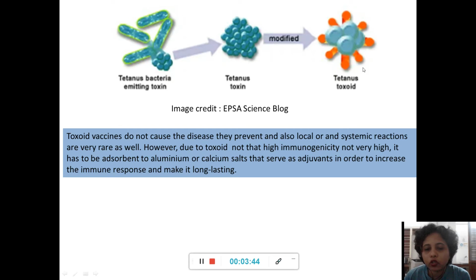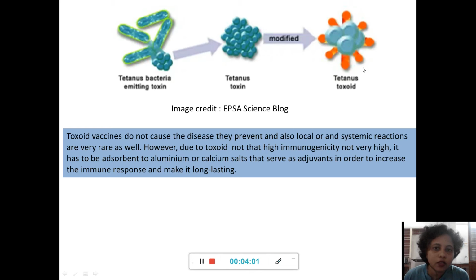Now, however, the toxoid does not have high immunogenicity, so what happens? It sometimes has to be added with certain adsorbents such as aluminum or calcium salts, which serve as adjuvants in order to increase the immune response and make it long lasting.